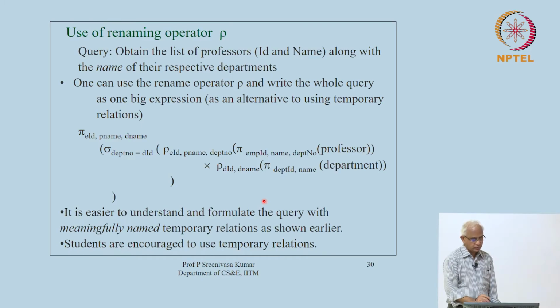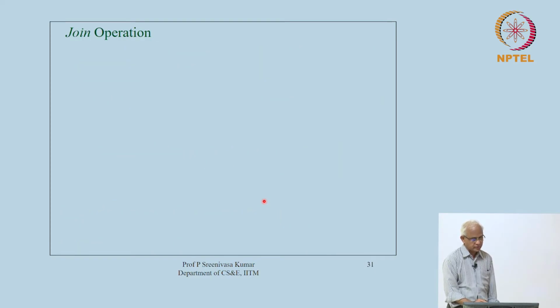Now, let us move on to the need for another operator, which is called the join operator, which I just mentioned in the last class. This is a very important operator. Mainly we notice that whenever we use cross product, we are generating combinations of tuples from two relations, and most of the time all the combinations will not make sense, only certain combinations will make sense.